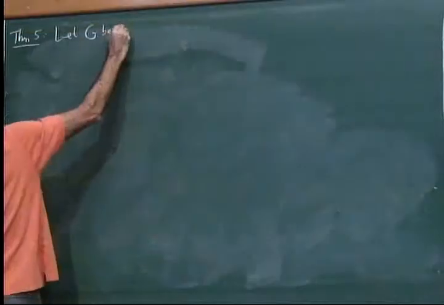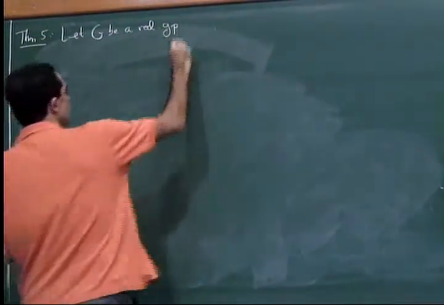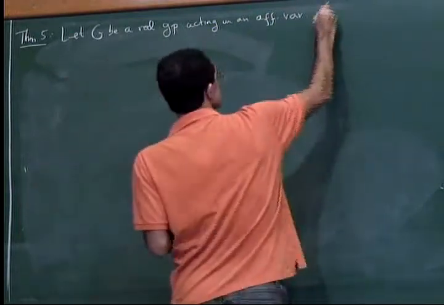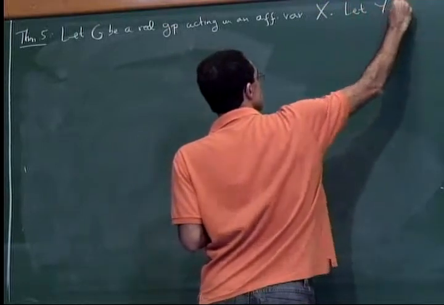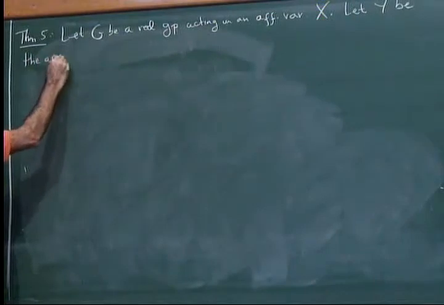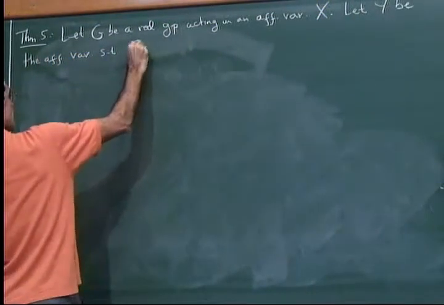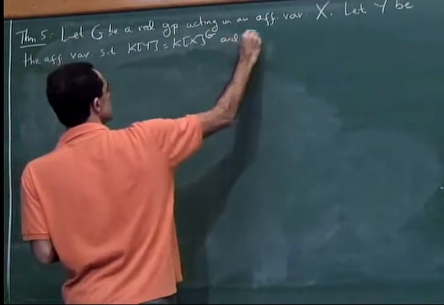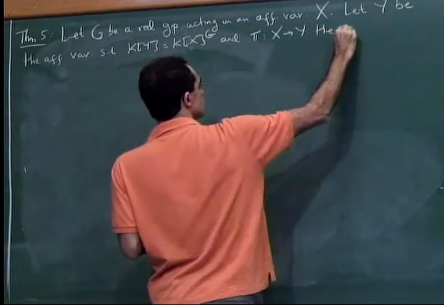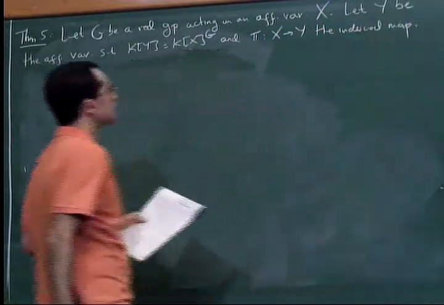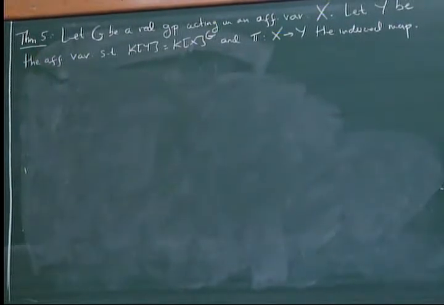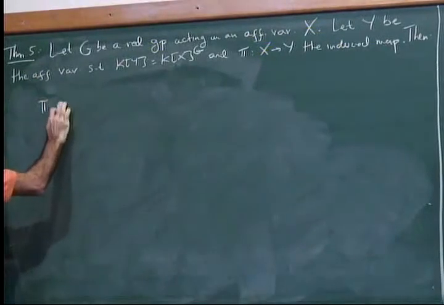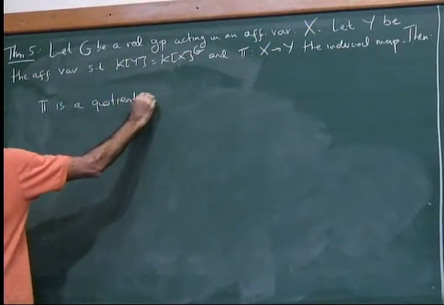Let G be a reductive group acting on an affine variety X. Let Y be the affine variety such that K of Y is equal to K of X, G, the ring of invariants, right, and pi, the induced map, given by the inclusion, as I mentioned before. Right. Then pi is a quotient of X by G.